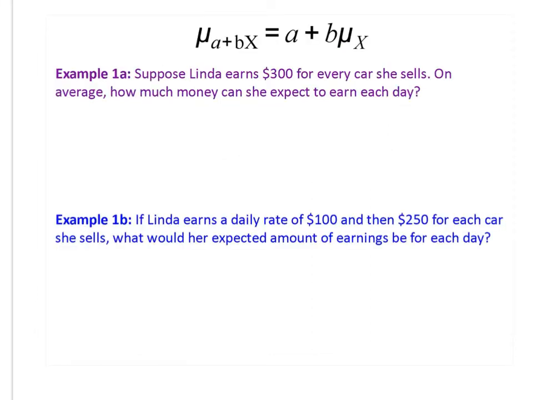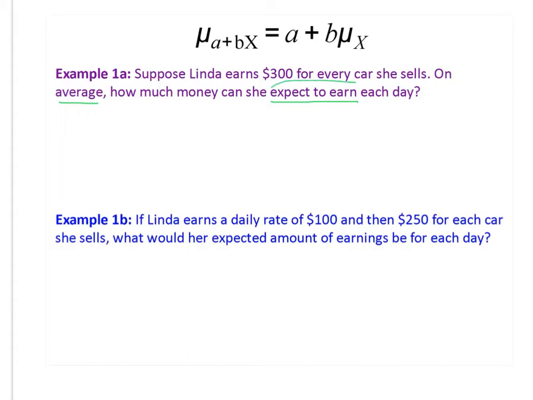If we build on our previous example, it says, suppose Linda earns $300 for every car she sells. On average, how much money can she expect to earn a day? What signals to me that I want the mean is it says on average and expect to earn.